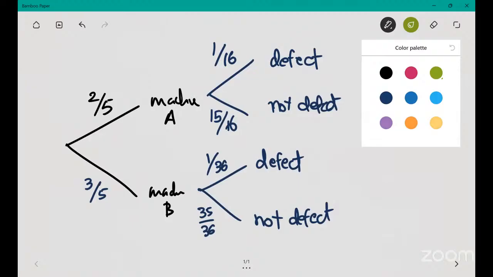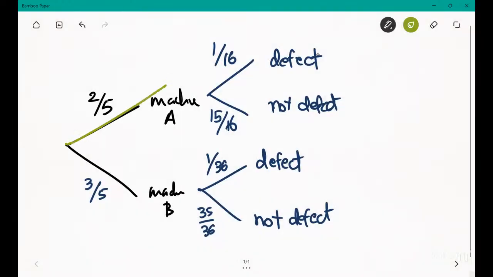So then how that's going to go is you can go to machine A and then go through the part where it's not defect. Same thing with machine B, go up machine B and then again here and not defective. So then the fractions you have to multiply by each other.